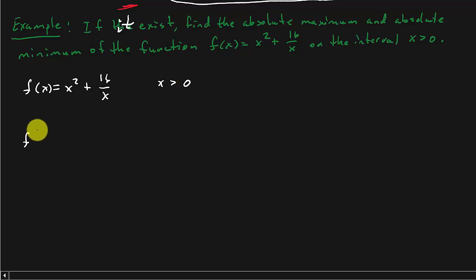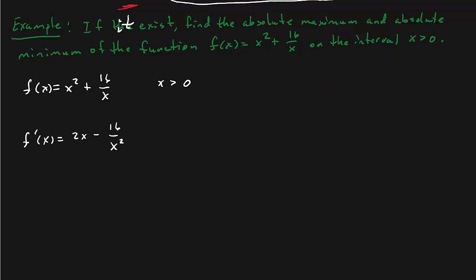Well, let's take the derivative. So f prime of x is equal to 2x minus 16 over x squared. Okay. So let's talk about this negative 16 over x squared real quick. If you have 1 over x and you want to take the derivative of that, just forget about the problem right now.